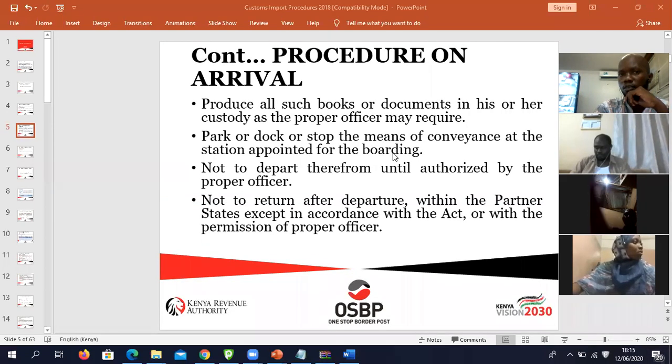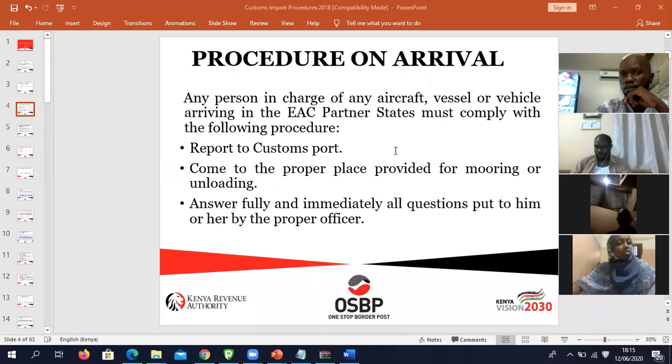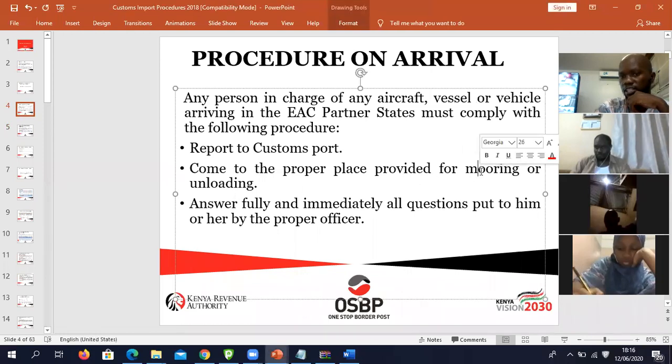So let me just go back to the first step, so that if there's anyone with an issue. First of all, I've said report to customs port. Once he has reported to customs port, come to the proper place provided for mooring or unloading. This would be the area designated where the ship can dock, and therefore proper unloading can also take place at the same place.